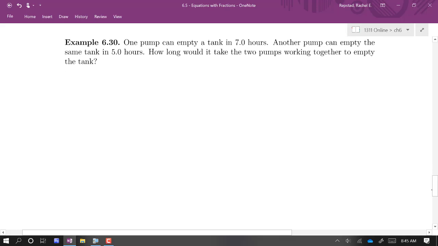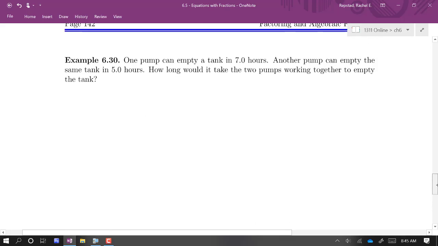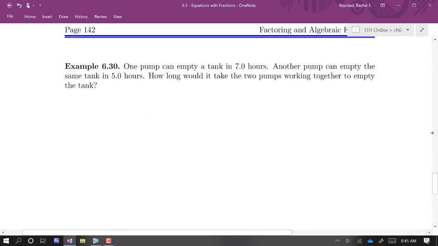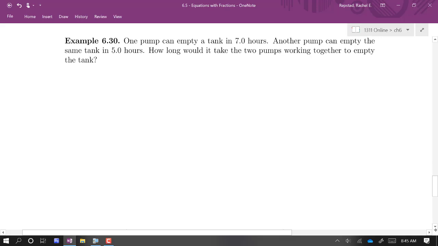All right, we're going to finish this section by doing a couple of word problems. So I know that's everybody's favorite thing. But the word problems in this section all kind of read similarly. Usually we're talking about some sort of task that needs to be completed, whether that is, in this case, a pump emptying a tank, or it might be a vehicle traversing a distance, right?